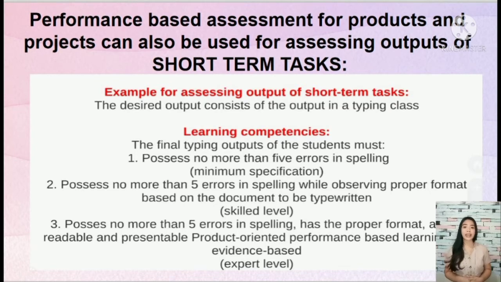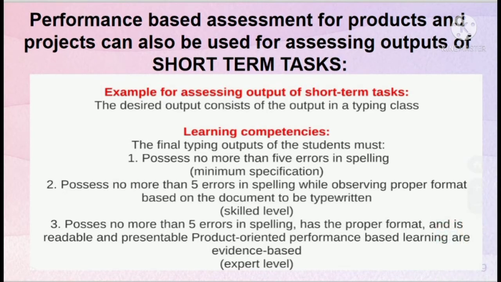That is the skilled level. And number 3, possess no more than 5 errors in spelling, has the proper format, and is readable and presentable. So that is the expert level.